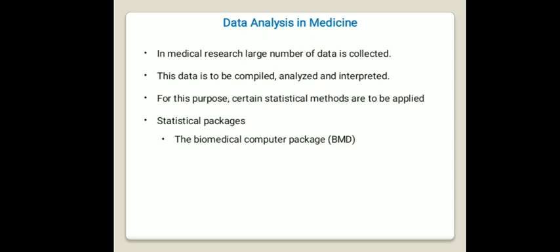Examples are the Biomedical Computer Package or BMD, SPSS or Statistical Package for the Social Sciences, GenSet, EPInfo. These are some examples of statistical packages for biomedical research or analysis.